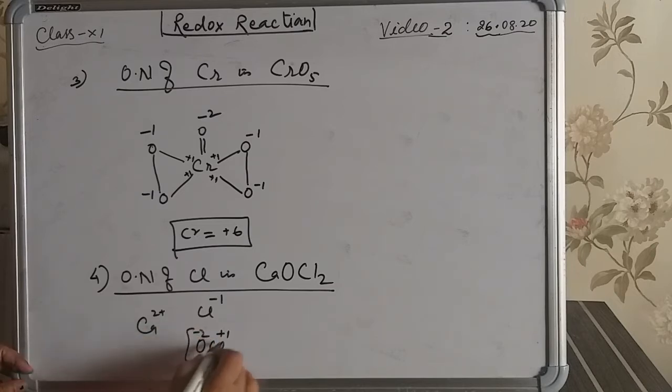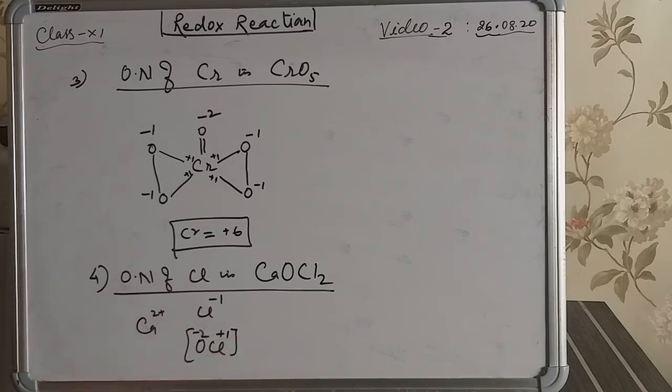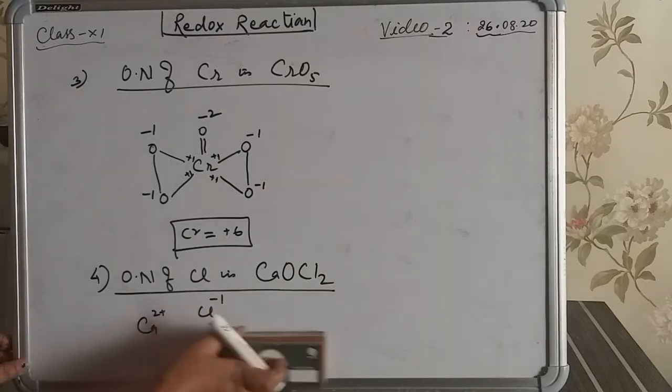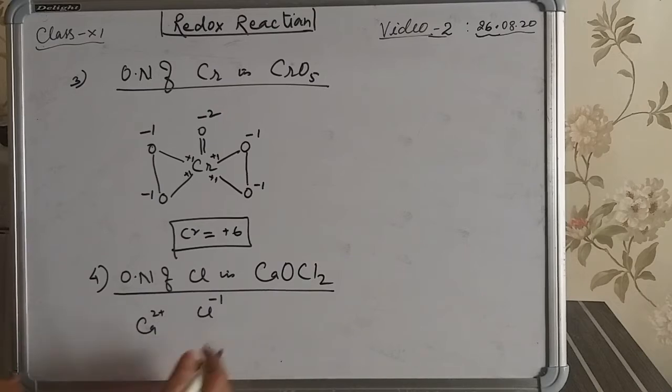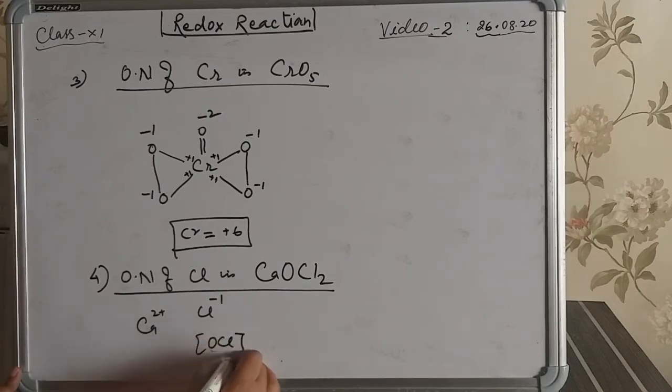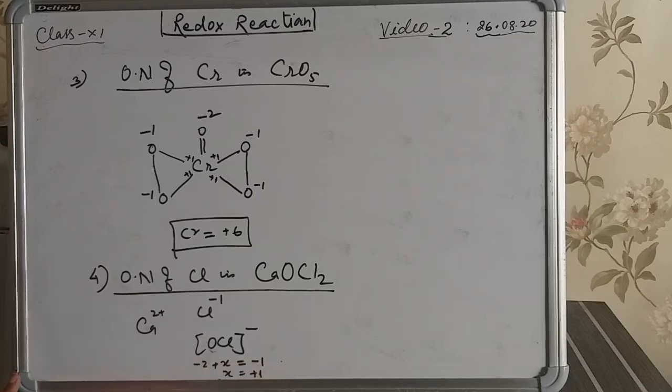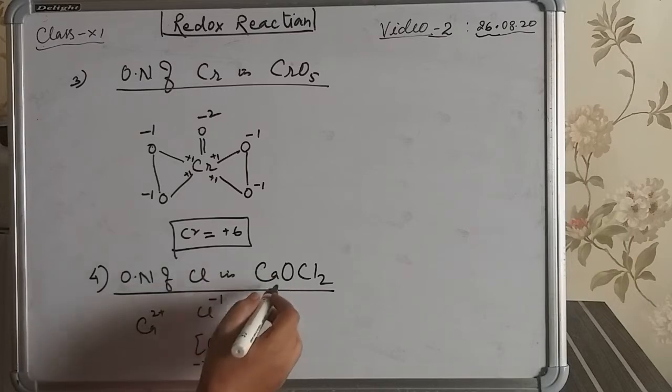So OCl with minus charge: -2 and +1. Suppose we find the oxidation number of chlorine as X, and the overall charge on the species is -1. So X comes out equal to +1. In this way you can find the oxidation number of chlorine in calcium oxychloride.